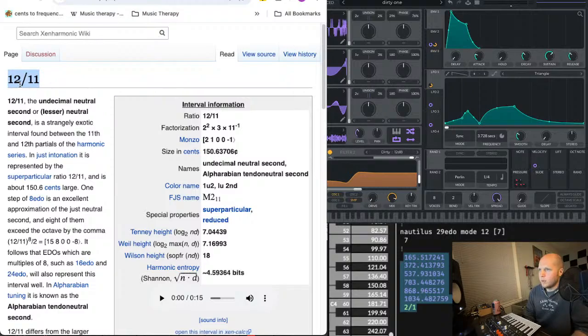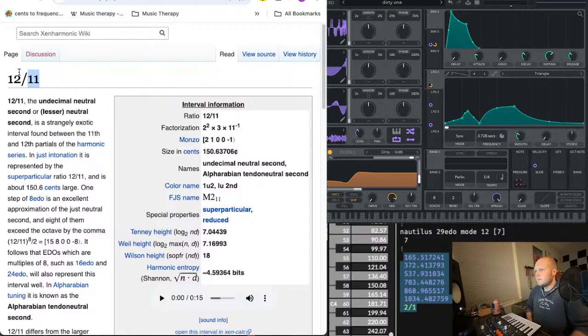So the number 12 is 2 times 2 times 3, so 2 squared times 3. So that's a 3 limit interval. Is that right? Yeah. And then 11 is just 11. It's not divisible by any other number. So we say it's prime.